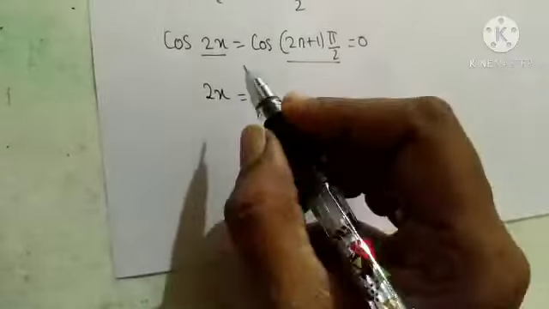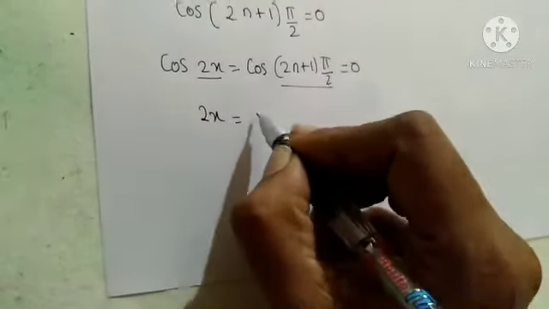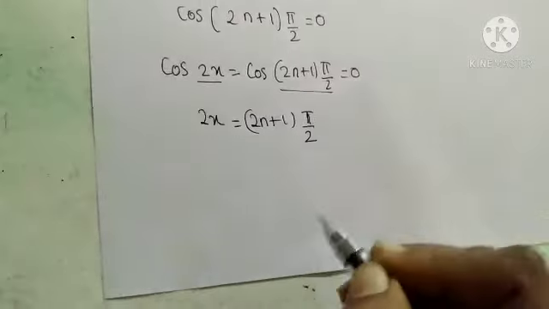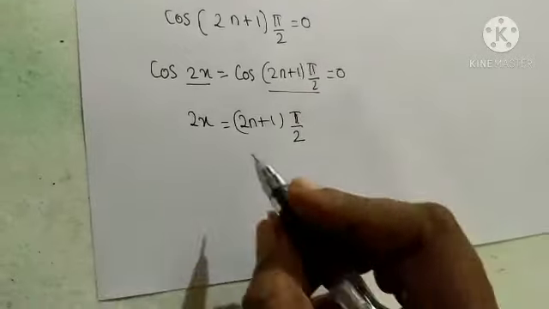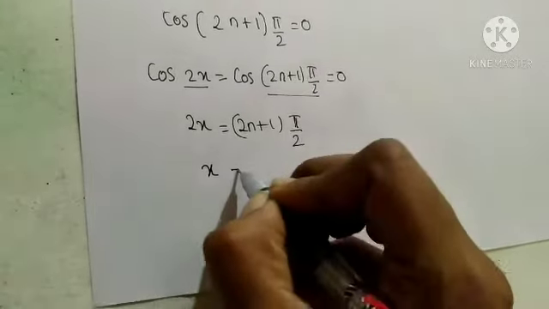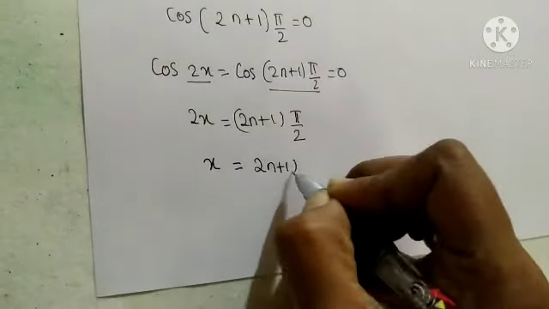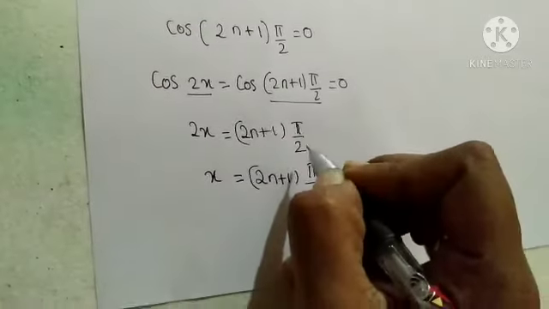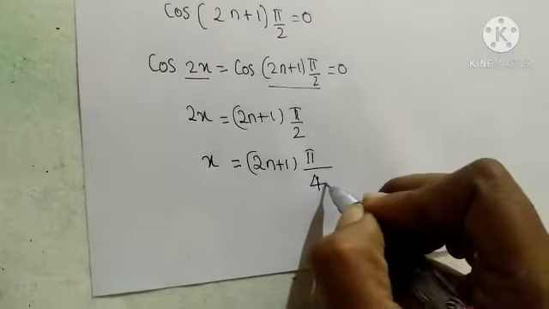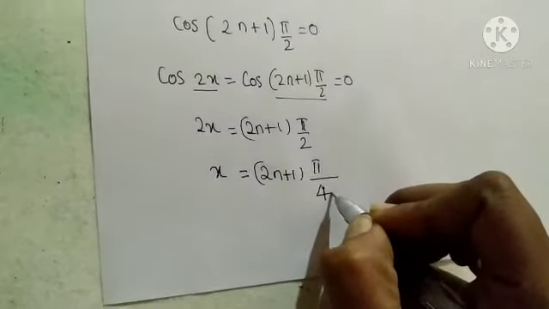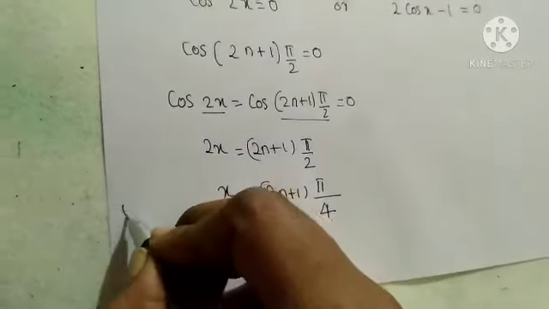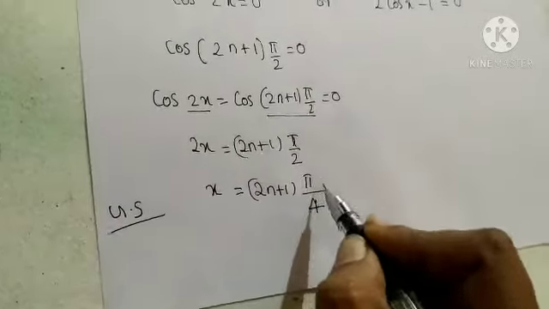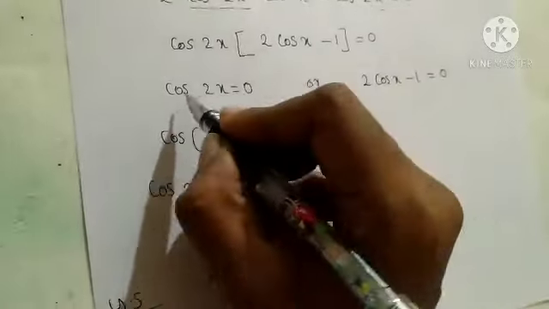If we equate these two angles, 2x equal to (2n plus 1) pi/2. From this, x equal to (2n plus 1) into pi by, this 2 goes to the RHS and it becomes 2 into 2, that is 4. So the general solution is x equal to (2n plus 1) into pi/4 in the first condition.